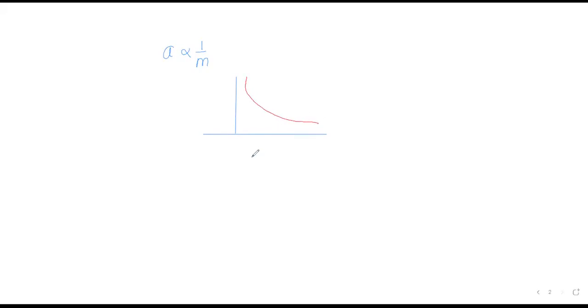So we'll have our mass here in kgs, and we will have acceleration there in meters per second square.